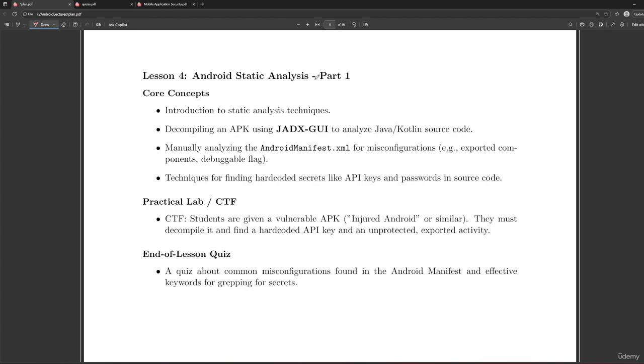Static analysis will be in 2 parts. In the first part, there is an InsecureAndroid vulnerable app which I will be showing you, and I really suggest you set it up and do the exercises with me. In this injured Android APK, we will try to find some misconfigured files, some API keys, passwords, and hard-coded information, and so on.